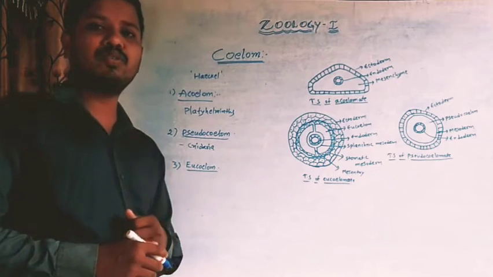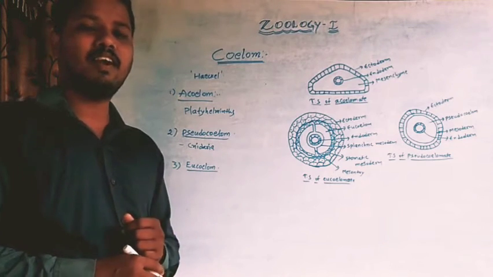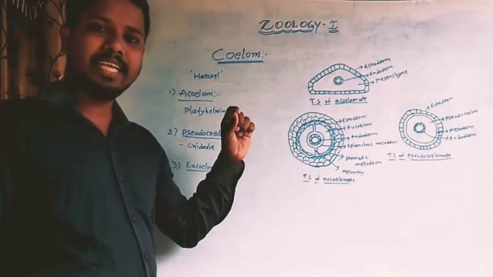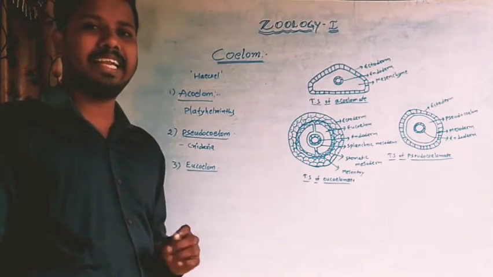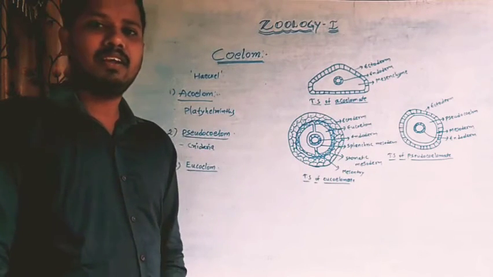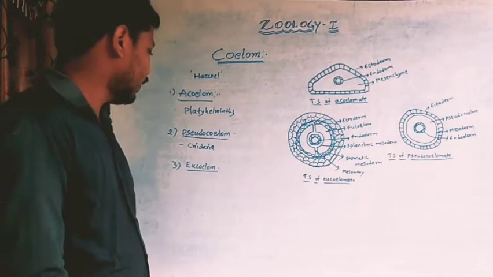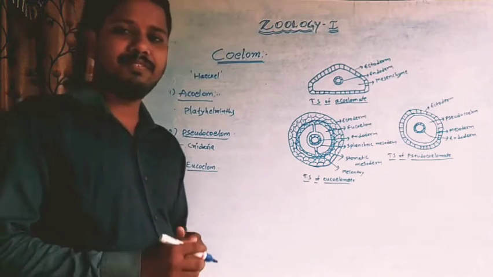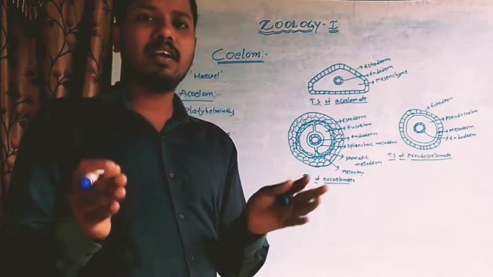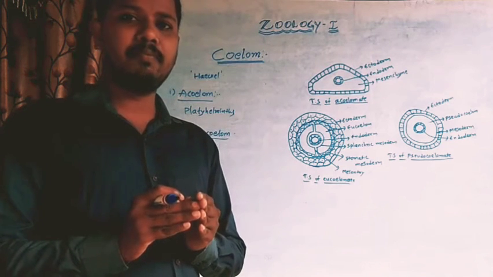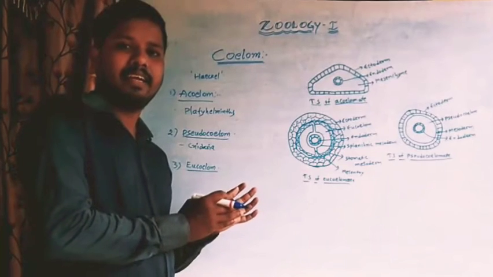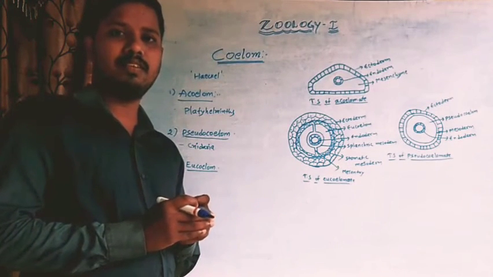Third one is the eucoelom. It is considered as true coelom because the cavity is lying between the body wall and alimentary canal. It is not filled with any fluid. In this type of coelom, the visceral organs are covered by peritoneum. This peritoneum protects the visceral organs.